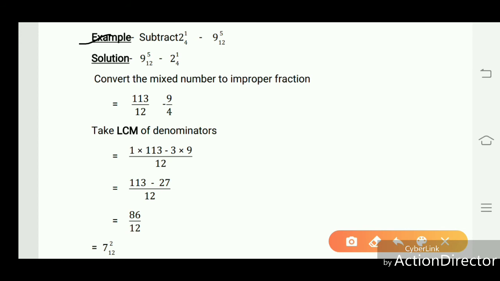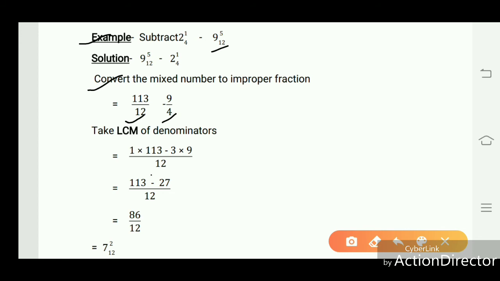Example. Now here we take an LCM in a mixed fraction and find the difference. Example: subtract 2 whole 1/4 from 9 whole 5/12. So first we convert mixed numbers to improper fractions. Now we take the LCM of denominators.